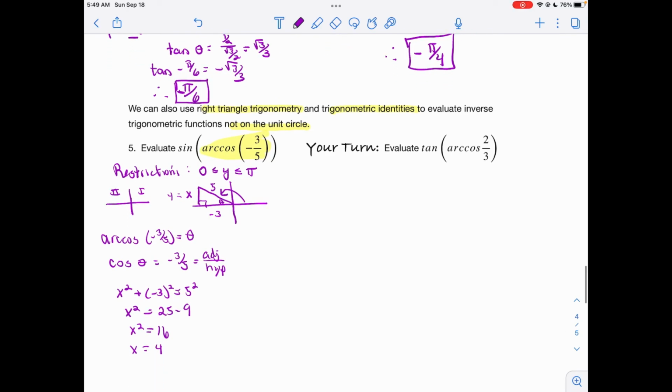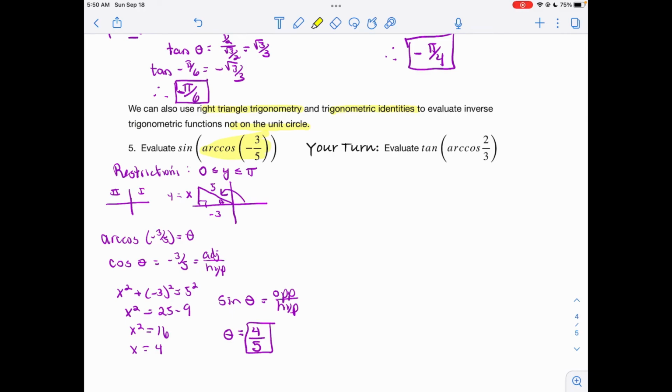I can replace the arc cosine of negative 3/5 with theta, because that's what they equal. And I can just rewrite this as the sine of theta. And sine of theta, according to my diagram, would be opposite over hypotenuse, and our opposite side is 4, our hypotenuse is 5, so my answer to the original equation is 4/5.